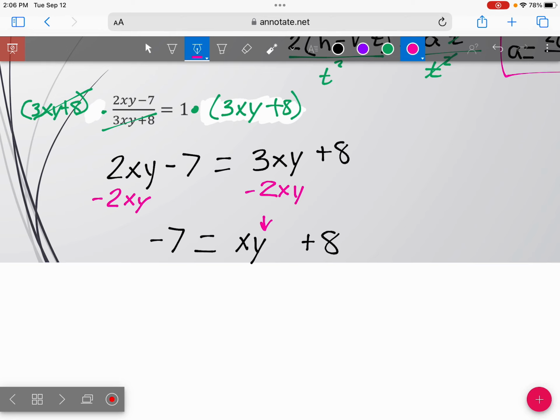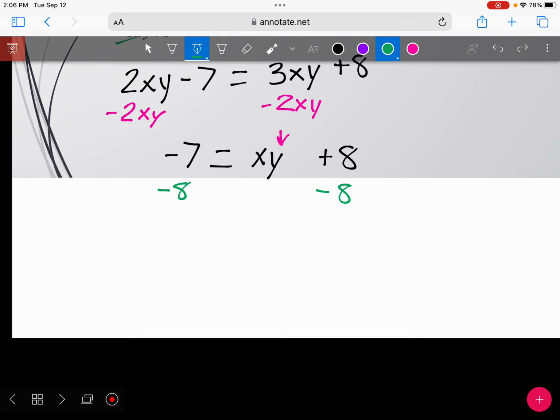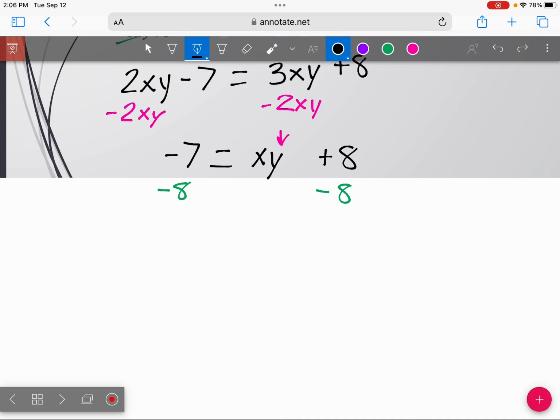We will need to divide by x. It's going to make us a really, really gross fraction if we do that right now. Subtract the 8. If we deal with the adding and subtracting before we do any dividing, we wind up with the lowest chance of fraction. Not negating the chance of fraction, just the lowest chance of fraction. So we have negative 7 minus 8, giving us minus 15 equals xy.